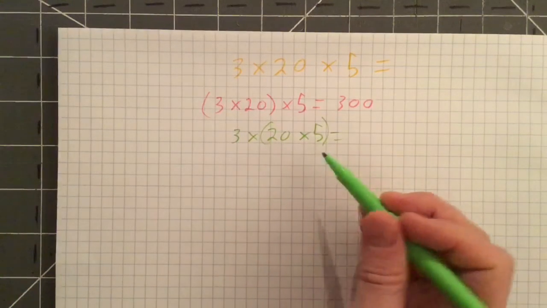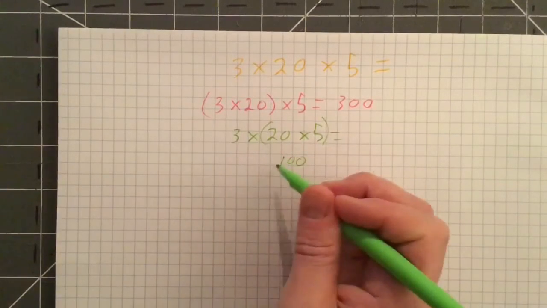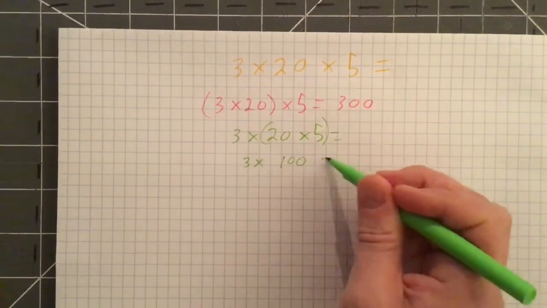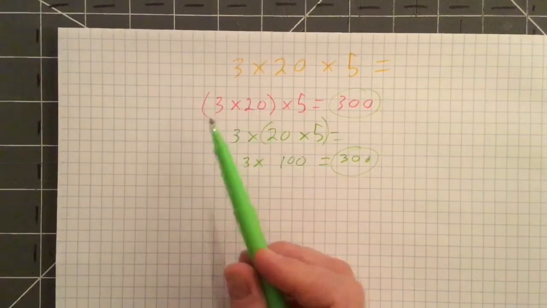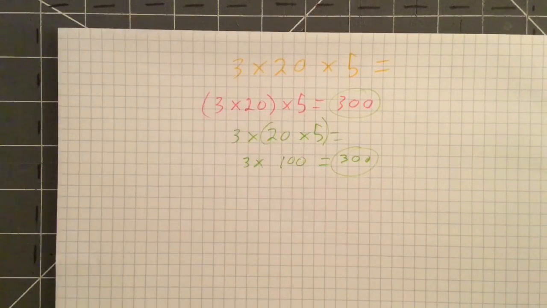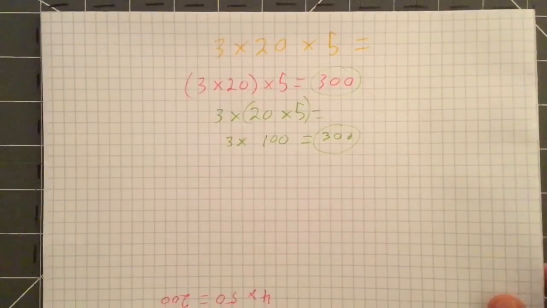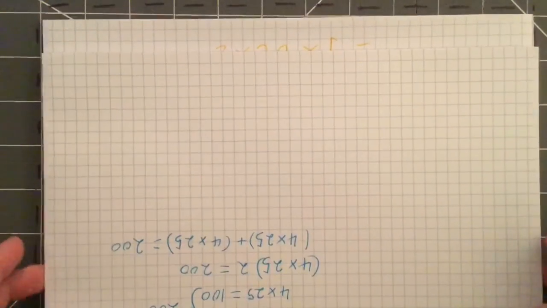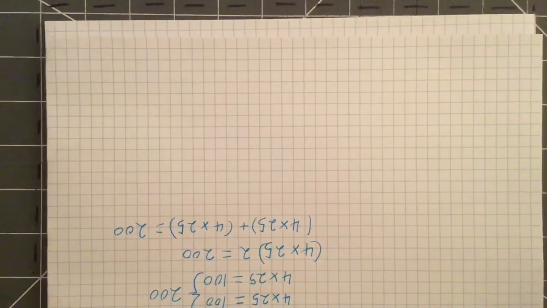Well, 20 times 5 is going to be 100, and 3 times 100 is going to be 300. Again, we're moving those parentheses. The order in which you multiply numbers doesn't matter as long as you're only multiplying. This is called the associative property of multiplication. The product is the same no matter how you group numbers being multiplied.